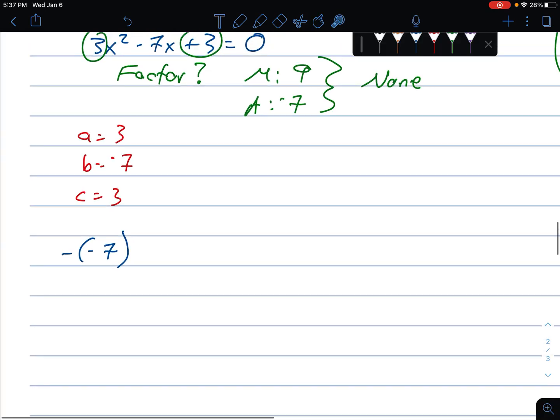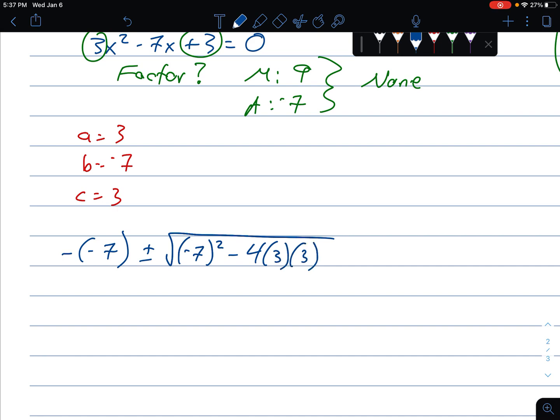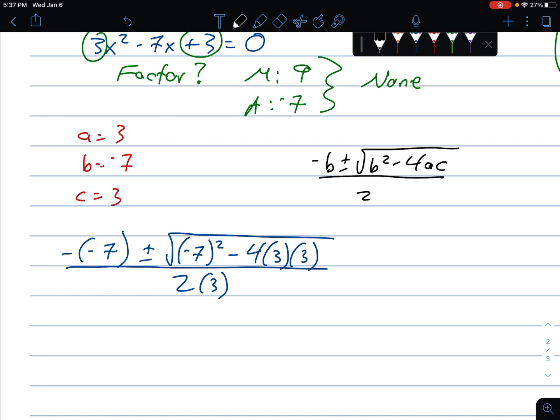You have to remember that there's a negative in front of the B. It's negative B plus or minus square root of B squared minus 4AC all over 2A. And that formula will have to be memorized. I'll write it down up here. Negative B plus or minus square root of B squared minus 4AC all over 2A. Again, it's x equals, because you're solving for your roots, your zeros.